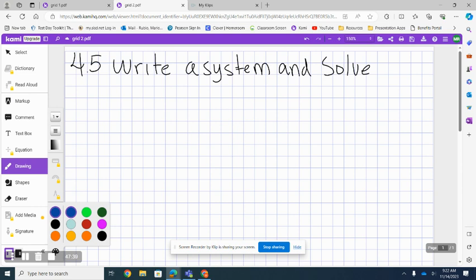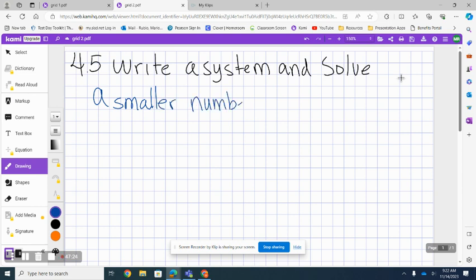The way you set them up is you have to read the word problems. So can you read it one more time very slowly, like a couple words at a time? A smaller number and a larger number. Okay. A smaller number, okay, and a larger number. Add up to 17.